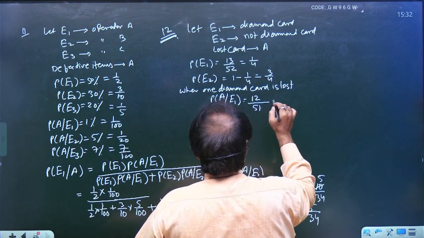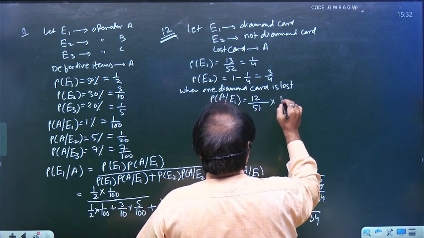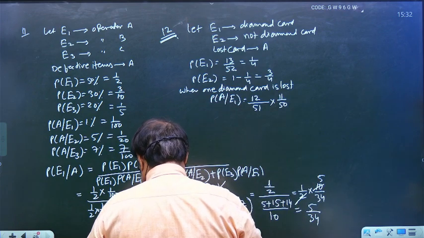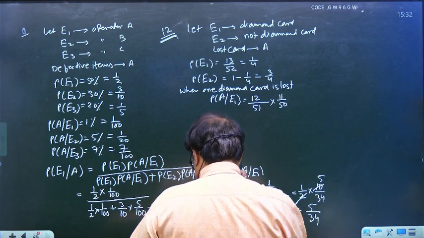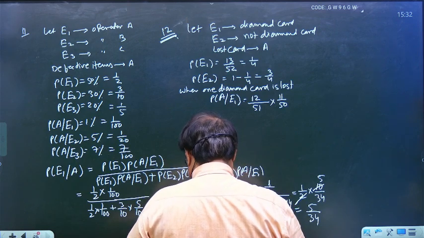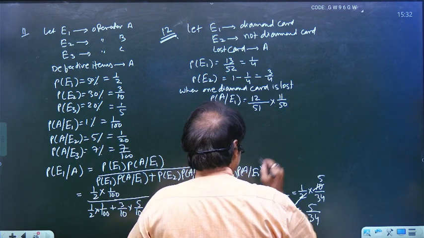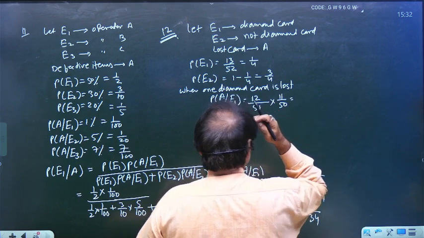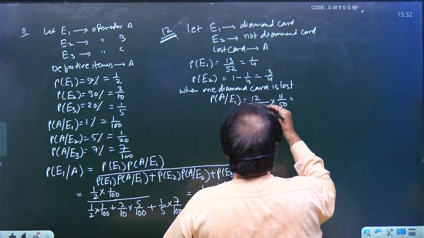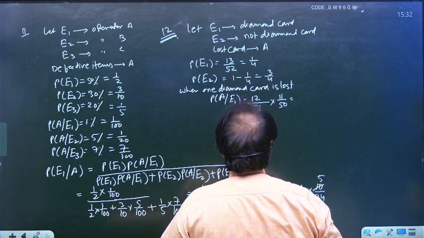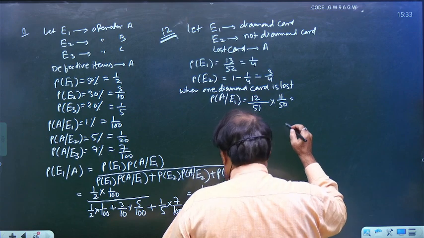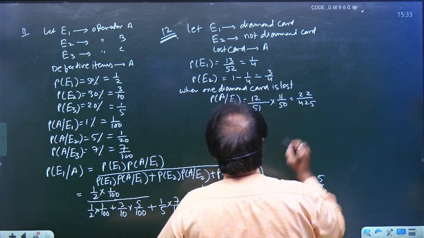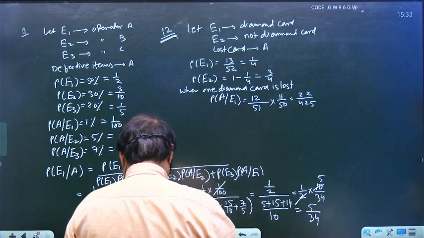This is the case of the first card, and the second card will be 11 by 50, right? So 12 by 51 and 11 by 50. Okay, and this is equals to 22 upon 425, after some cancellation: 6 twos are 12 and 66, and 3 cancels. This is the value of A by E1.